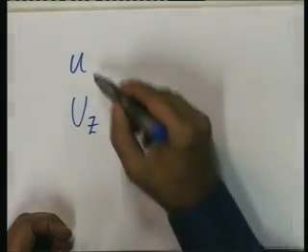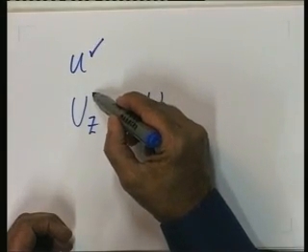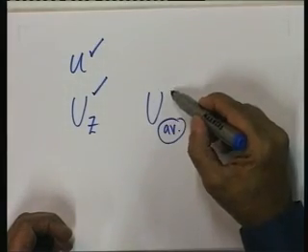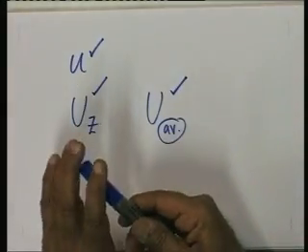So, we have expression for u, small u, we have expression for capital Uz, we have expression for capital U. These are the three basic expressions that we derived last time, which we will be using in our computations.